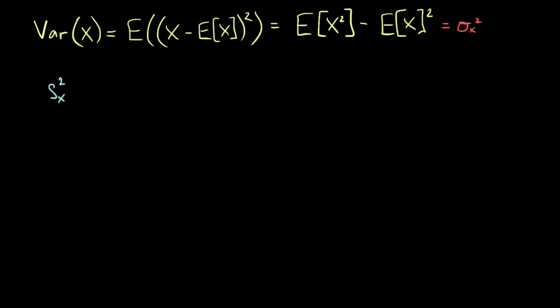And we can write out the sample variance as 1 on n minus 1. Remember, we lose a degree of freedom. Multiply it by the sum from i equals 1 to n of xi, which is a particular value of our variable x, minus x bar, which is the sample mean of our variable x, all squared.